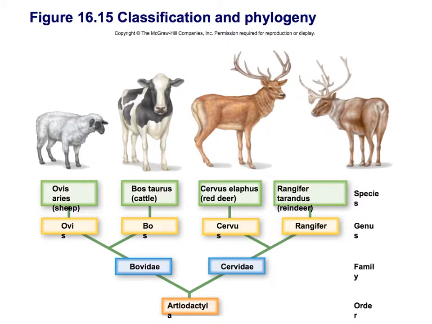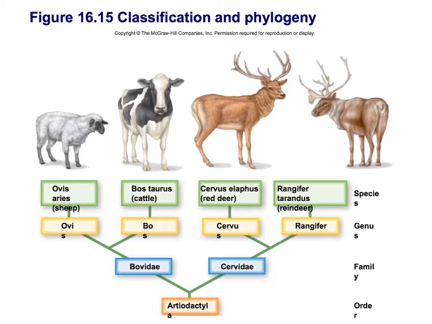We can see that in some cases our classification system matches very well with these phylogenetic trees. In this case we have order Artiodactyla, which has to do with the number of toes these animals have. There are two families here, Bovidae and Cervidae. And then 4 genuses, so the tree branches 4 times for each genus, and then 4 species that correspond with the 4 animals at the top.